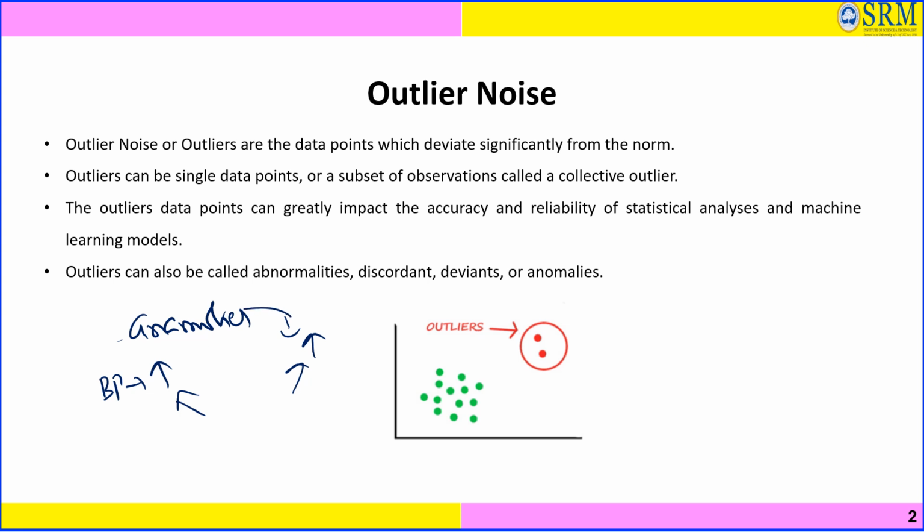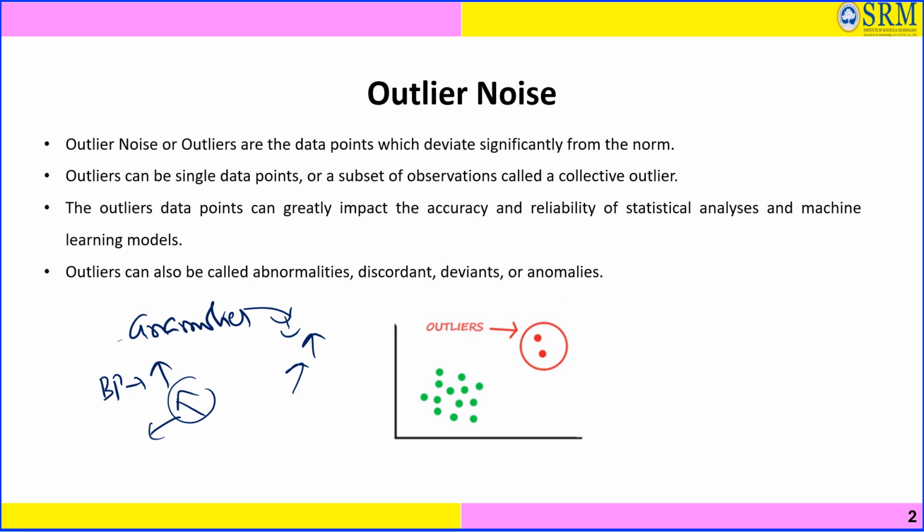The serious one is an anomaly, and the not serious one, which is temporary, is called an outlier. An outlier is due to some measurement error, or is only for a particular instant, or is influenced by one particular factor, that's it. But anomalies have to be considered and treated properly.